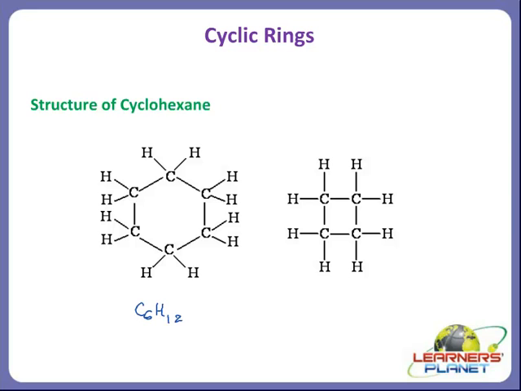How many H are there? 12. Because this has the formula similar to alkenes. And this is what? Cyclobutane, that is C4H8. So carbon also forms lots of aromatic compounds which have got double bonds or alternate double bonds in them.